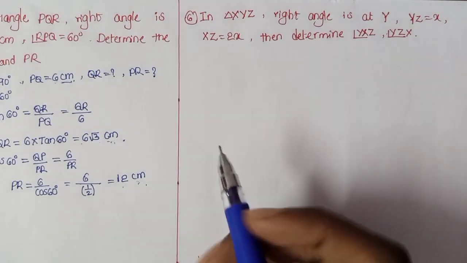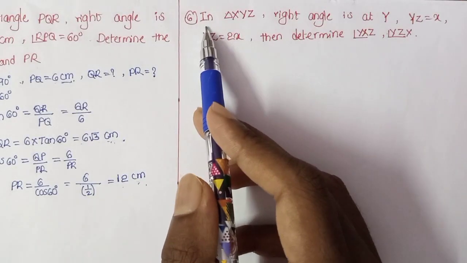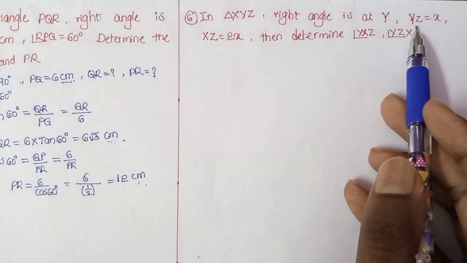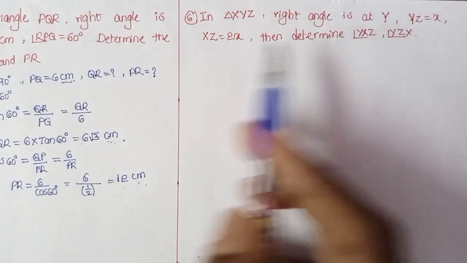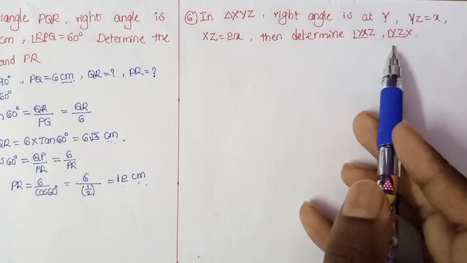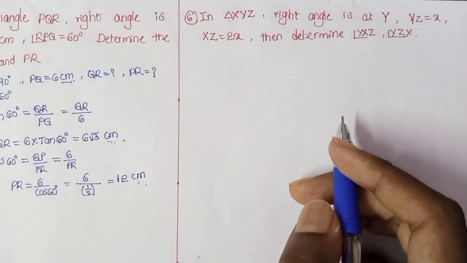Okay, we'll see the next problem. The next problem is: in triangle XYZ, the right angle is at Y, and side YZ is x and XZ is 2x. Then determine the angle YXZ and angle YZX. This is the question.